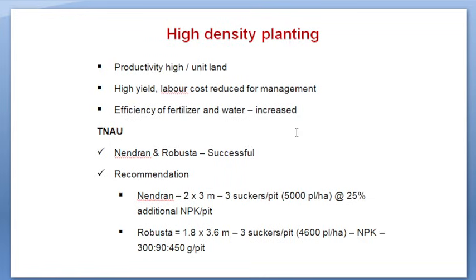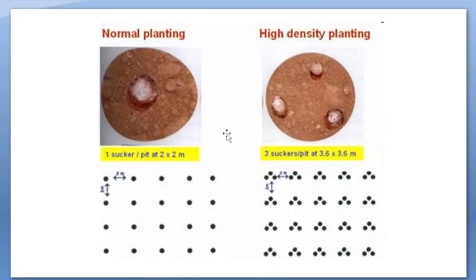Like other fruit crops where we follow high density planting systems, here also we can go for high density planting in banana. It helps in improving the productivity per unit area without compromising the yield. We can select some varieties like Nain and Robusta, which suit high density planting.